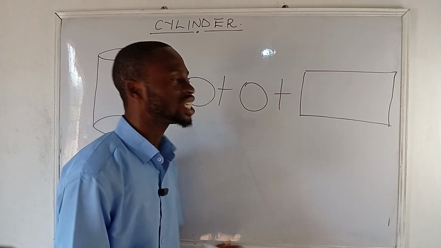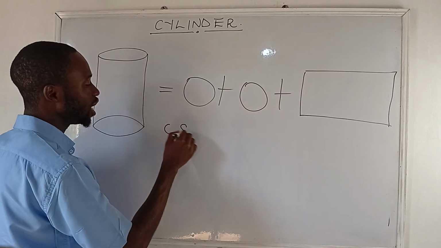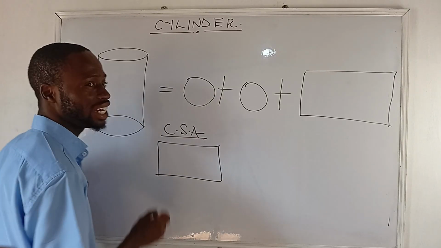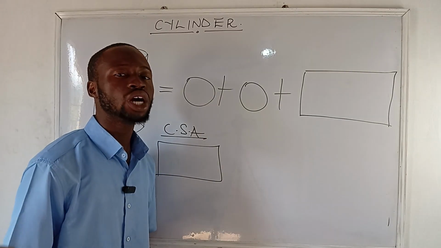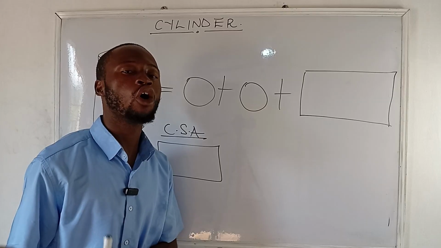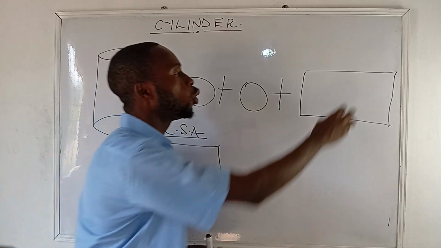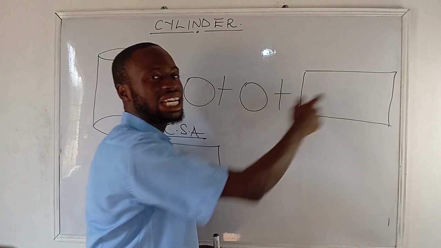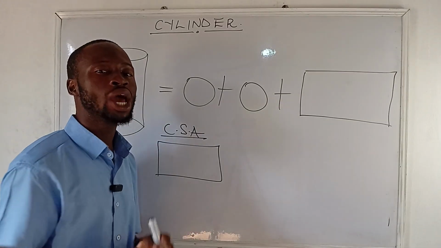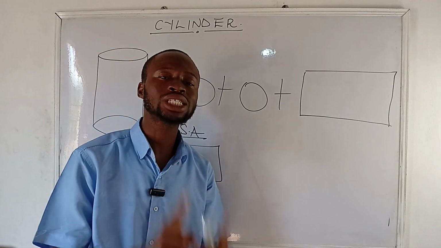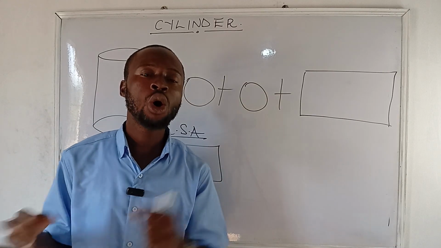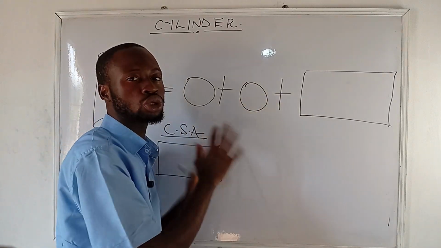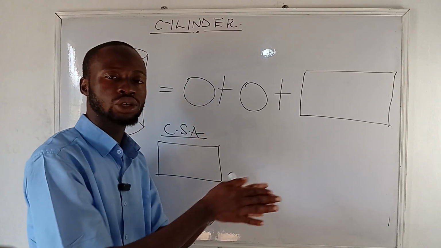So when they tell you to find the curved surface area of a cylinder, they are basically asking what is the area of this portion of the cylinder, that is, what is the area of this rectangle. And as well, when you are told the total surface area, from the word total, it is obvious that they mean the two circles.